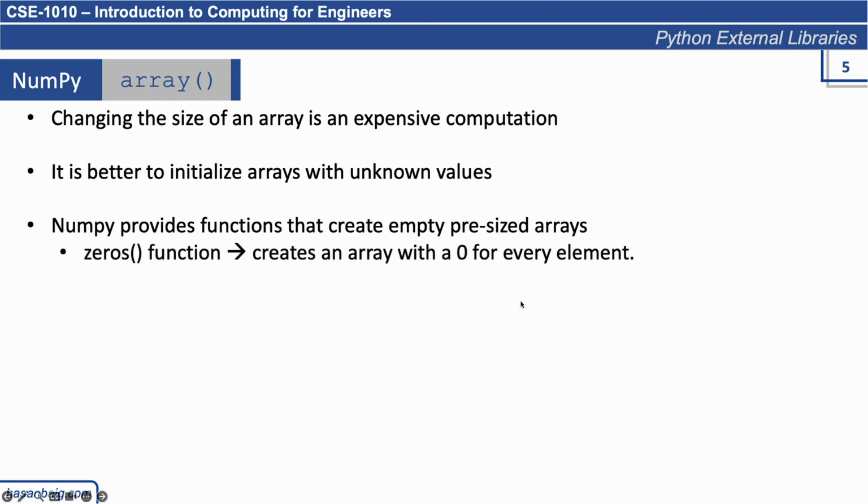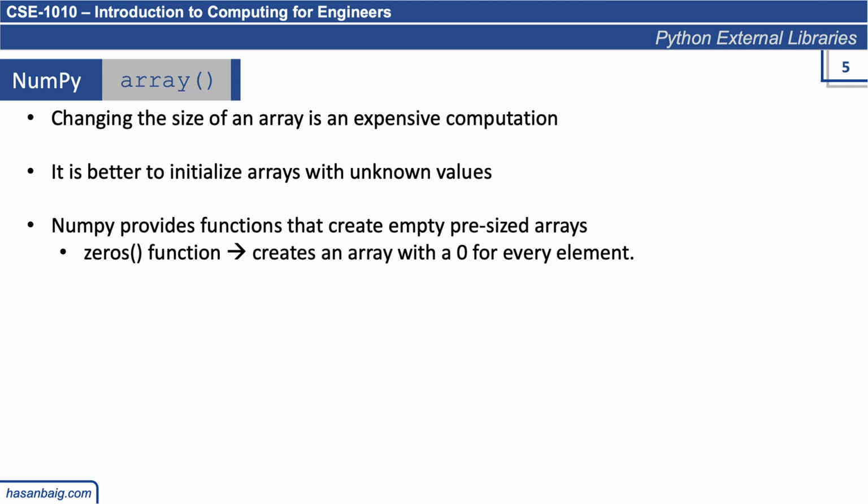Because what happens is, when you create an array, for example, let's say 10 elements, and later on you realize that you need to add some more elements, it will create a new array with the 11th element, or let's say you need to add 10 more elements. It will create a new array with the first 10 elements, and then add a new dimension of 10 more elements.